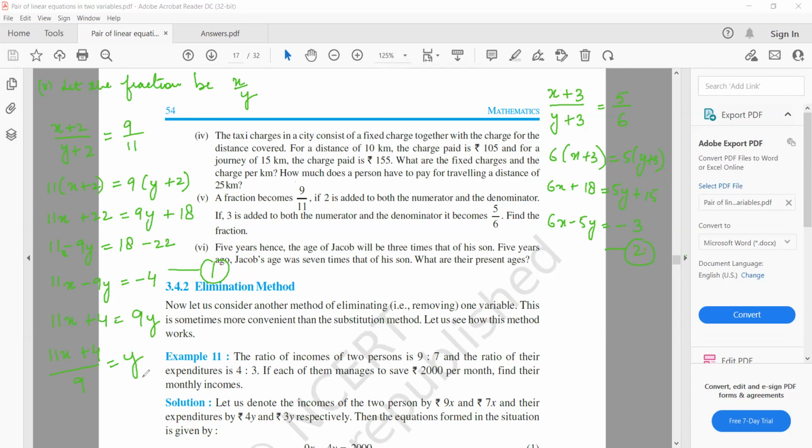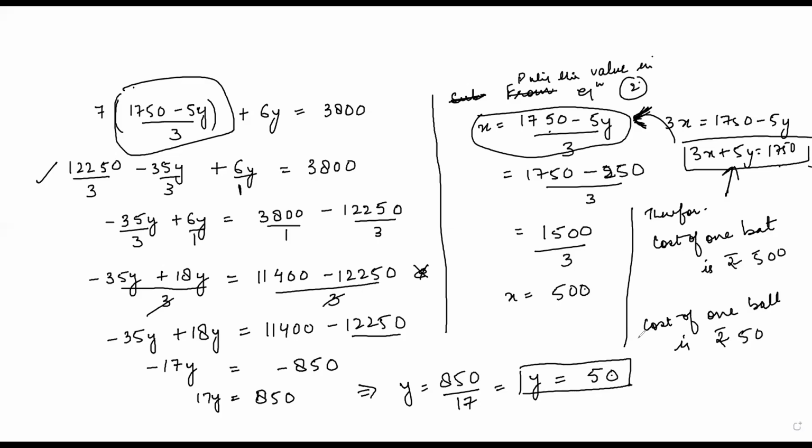Now tell me how much y is equal to. y is equal to (11x + 4) divided by 9, right?